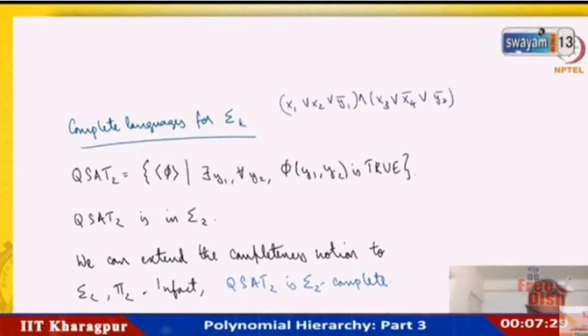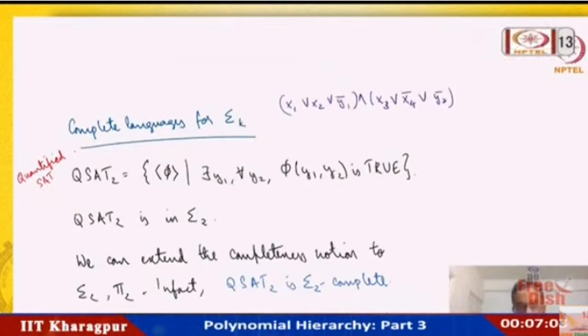Q stands for quantified. Maybe I'll just write that down. Right. This is a bit messy, so I'll just write it again. Quantified SAT. Quantified means this, there exists, and for all are called quantifiers. And 2 means there are two quantifiers, right?